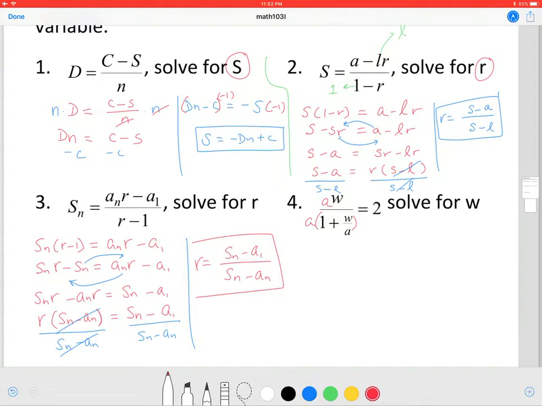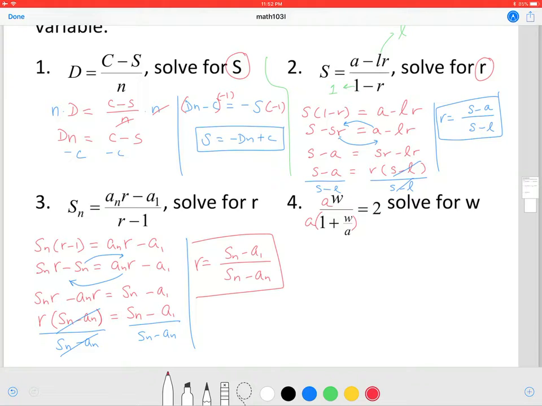So what I essentially have done is a over a, which is equal to 1. So I really haven't changed the left hand side, and I don't need to do anything to the right hand side. I know you heard, don't you have to do the same thing to one side as the other side? True, but here it's a little bit different. Here, that a over a is just equal to 1. So it's almost like multiplying 2 times 1, which nothing changes. And of course, I don't need to really write this.